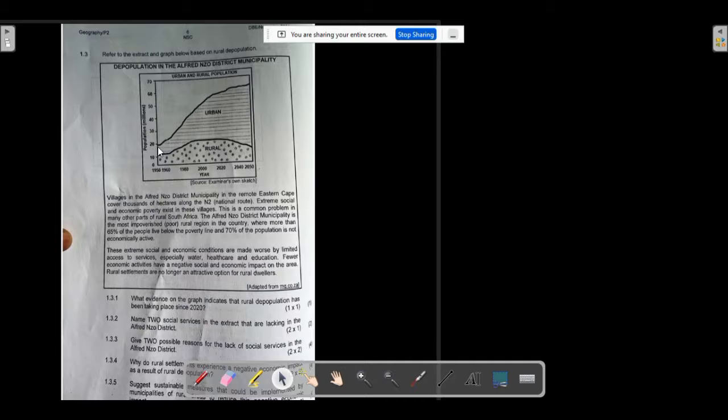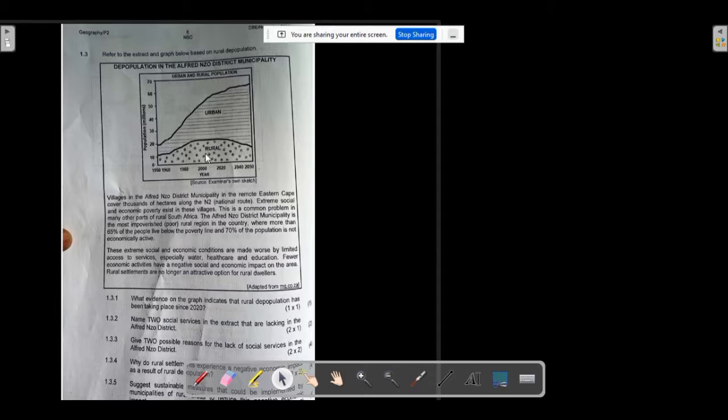What this graph tells us is that the urban population has been increasing from the 1950s, guys. It's still increasing now, but of course not as it did from 1950 to 2000. It's still increasing, but quite gradually.